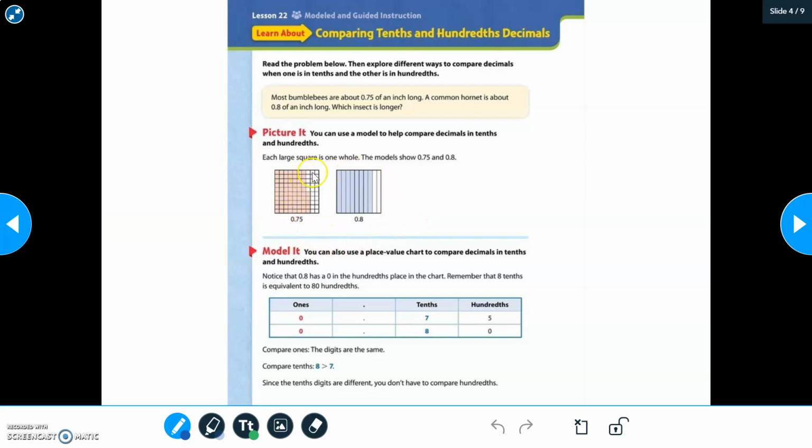All right, so let's look at what they have for us. They gave us some visual models. We have the hundredth grid. The reason it's called the hundredth grid is because it has 100 small little squares. We also have the tenth grid. It's partitioned into 10 equal parts. That's the reason we call it the tenth grid.